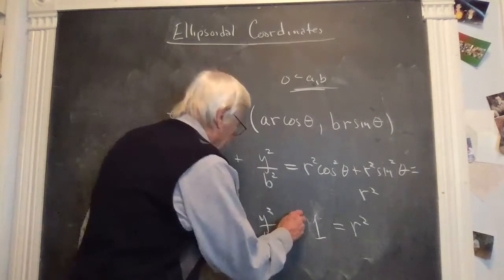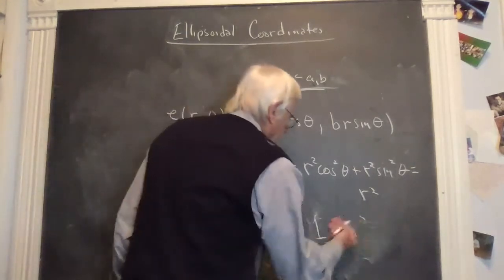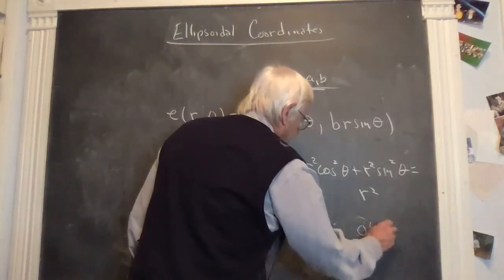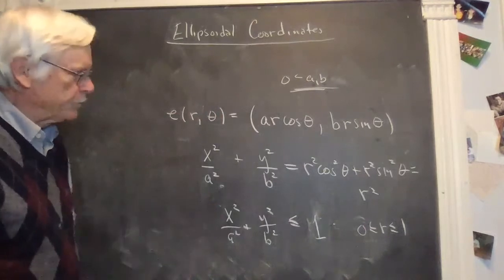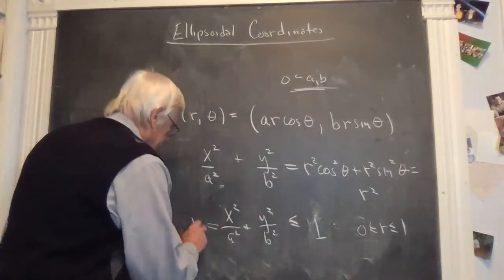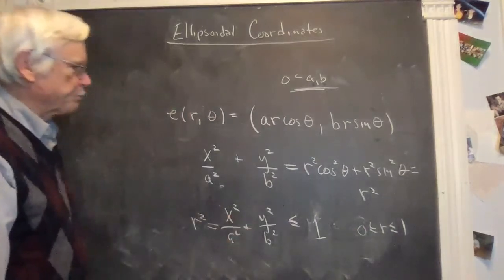Or if you want x squared over a squared plus y squared over b squared less than or equal to 1, then taking r between 0 and 1 describes the entire interior of this ellipse, because for elliptical coordinates, r squared is equal to this thing.